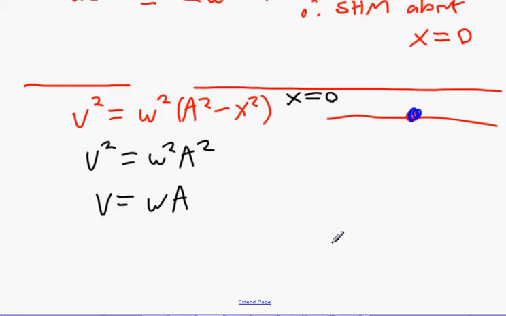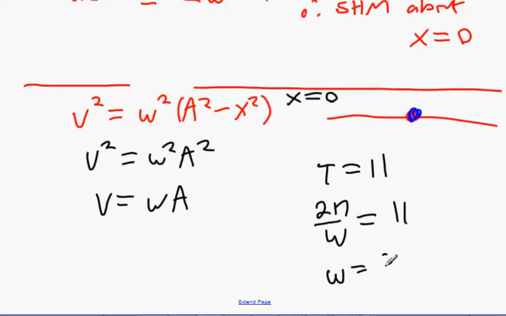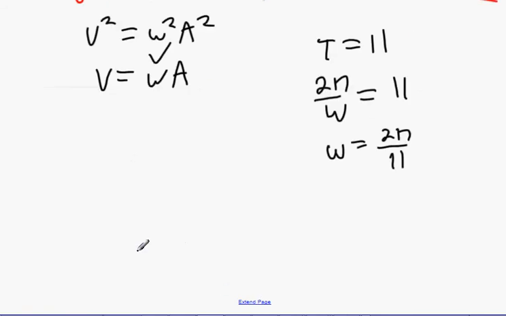Okay, so what you know is the period is 11, which means 2 pi over w equals 11, and this means that w equals 2 pi all over 11. So you found out what w is, now you're struggling to find out what a is. Okay, so x equals a cos(wt plus e).